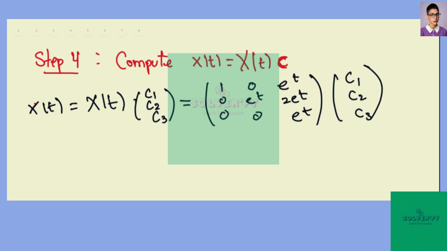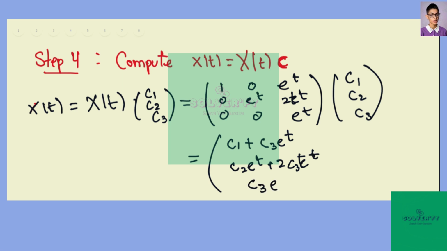So the solution for this is the vector C1 plus C3 e^t, C2 e^t plus 2 times C3 t e^t, and finally C3 e^t.